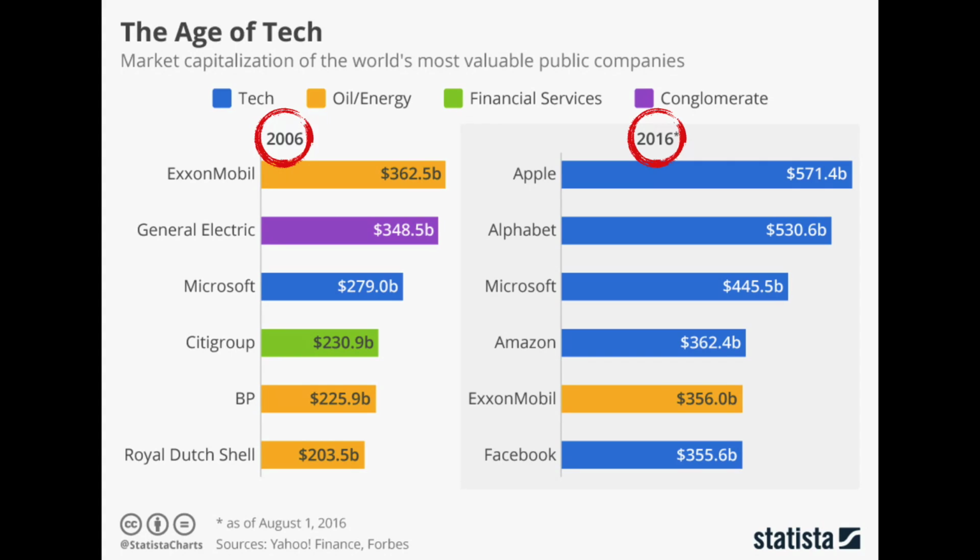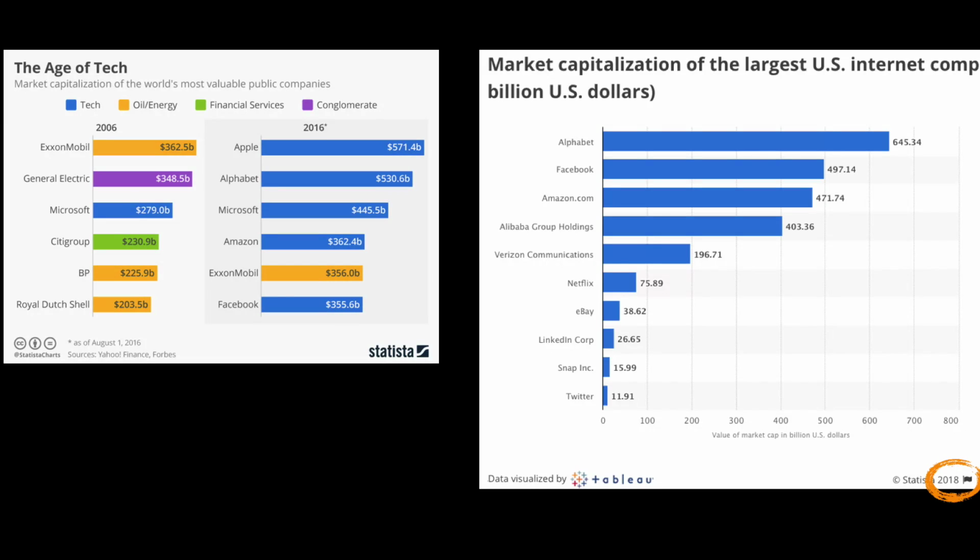Then in 2016 only ExxonMobil has remained there as the world's most valuable public company. But it goes further. If we look at 2018, we see that all the tech firms, IT tech firms, Alphabet, Facebook, Amazon, they have been doing very well. So there is a change from an oil-based economy to an IT-based economy.